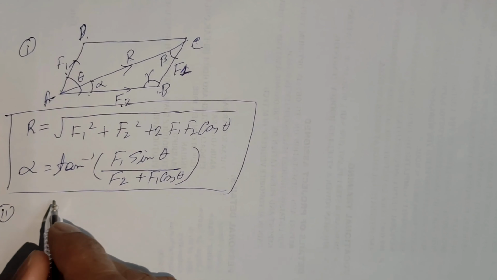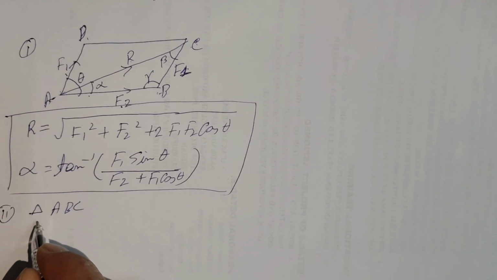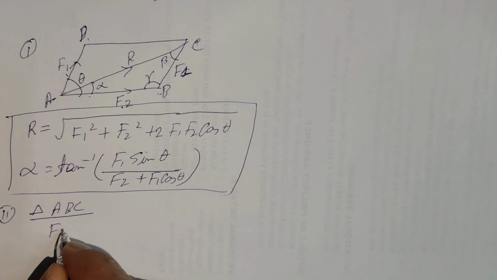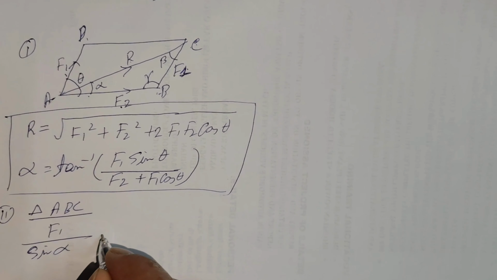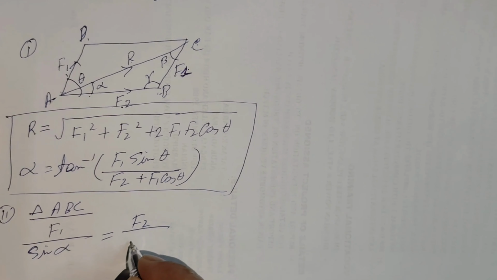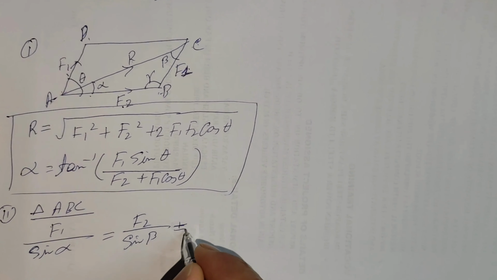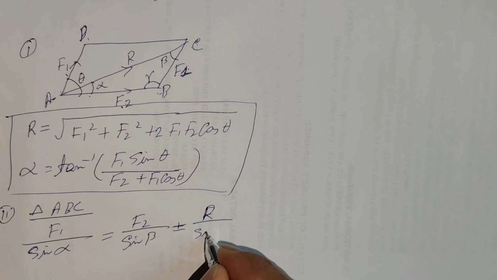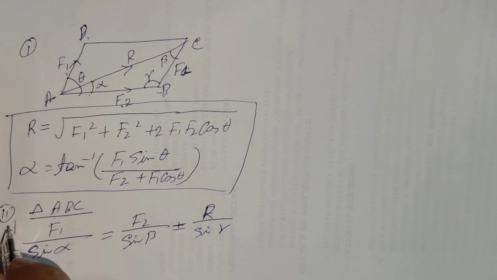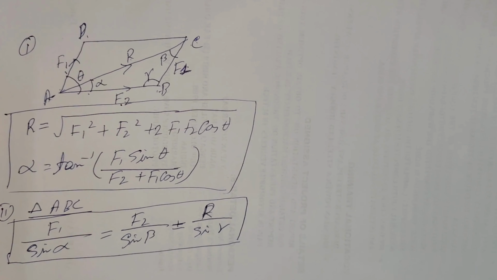So from this triangle ABC, we can write F1 divided by sine alpha equals F2 divided by sine beta equals R divided by sine gamma. So that is the triangle law of addition.